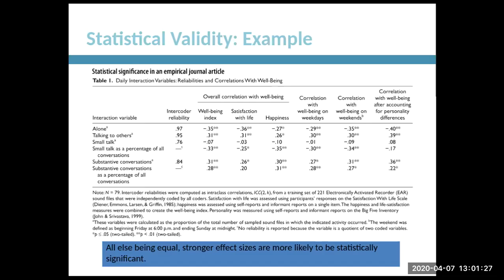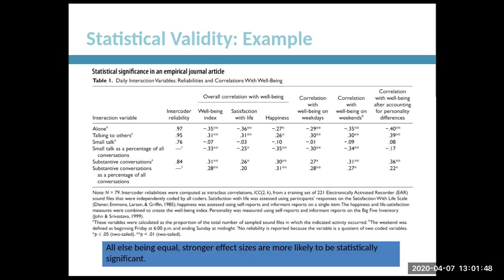So here we see when people are alone, when they're talking to other people, making small talk as a percentage of all conversations, substantive or deep talk conversations, and substantive percentage. So what we see here is intercoder reliability, looking at that.